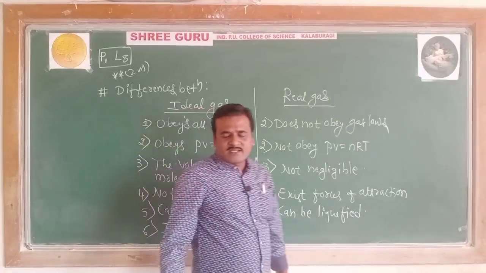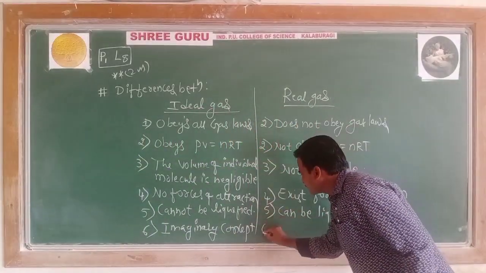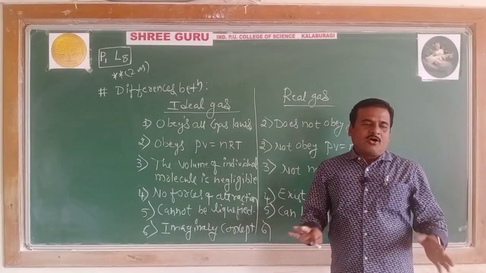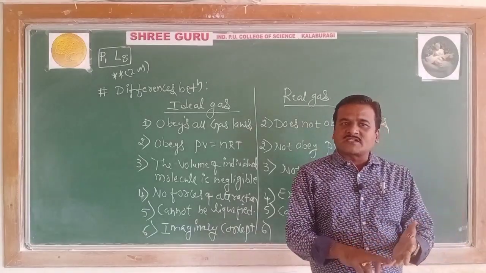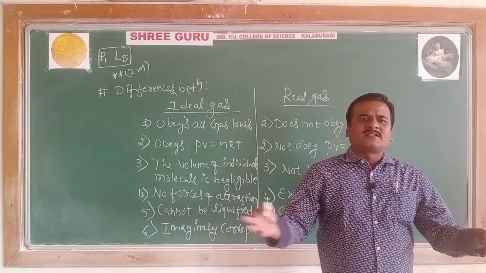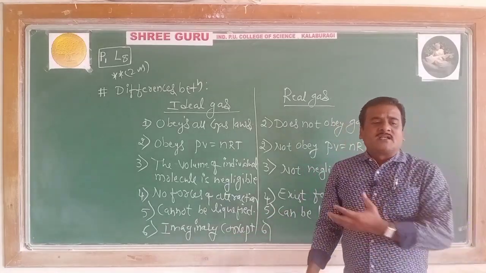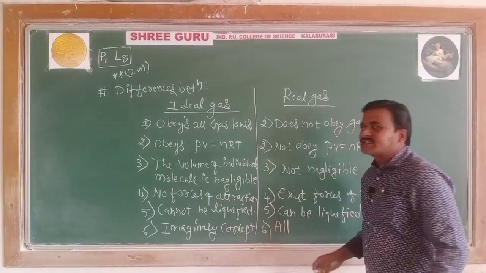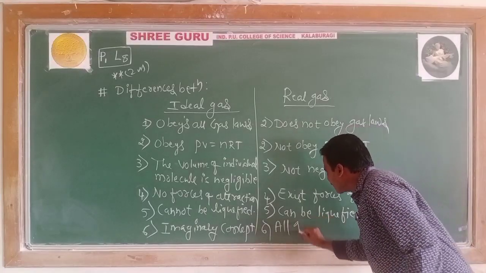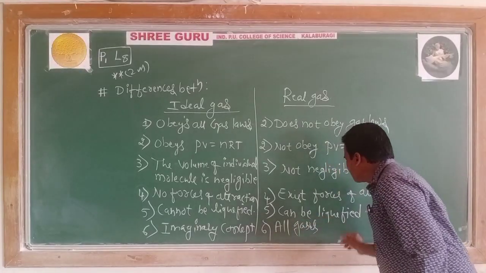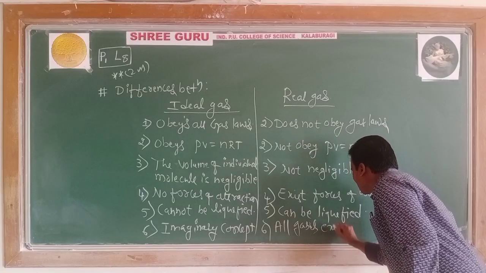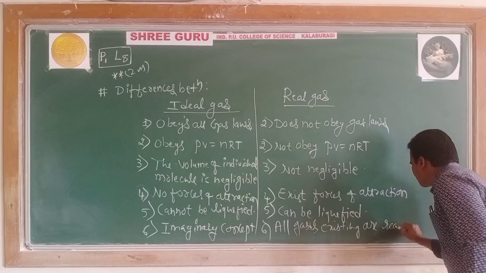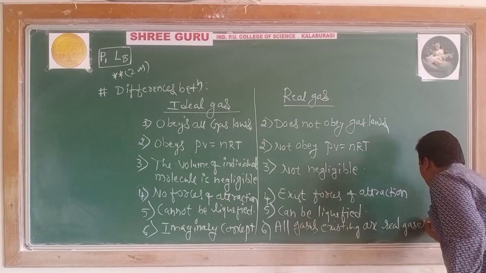Under real gases, all existing gases like nitrogen, oxygen, carbon dioxide, ammonia, sulfur dioxide, sulfur trioxide, all gases existing around us are real gases.